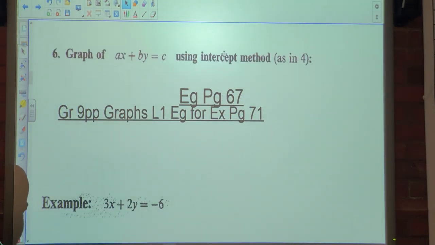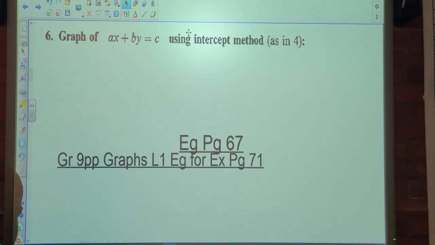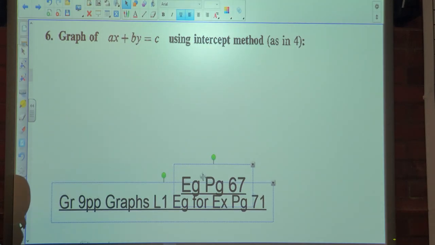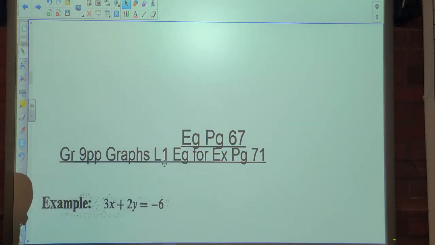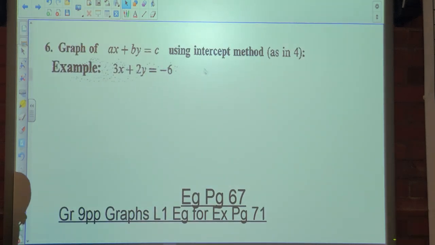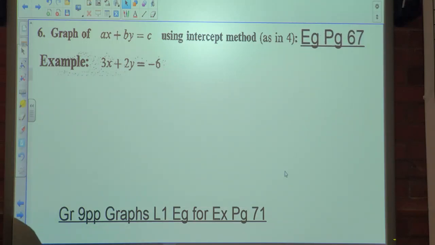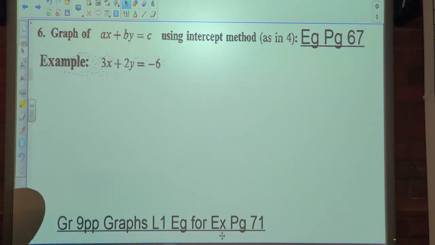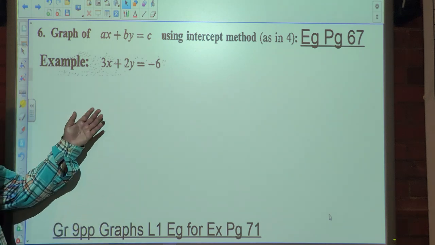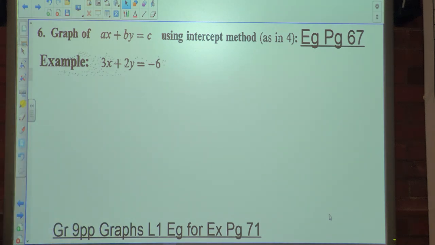So let's look at the graph of ax plus by equals c using the intercept method as in number 4. Alright, so do we have to put this in standard form?